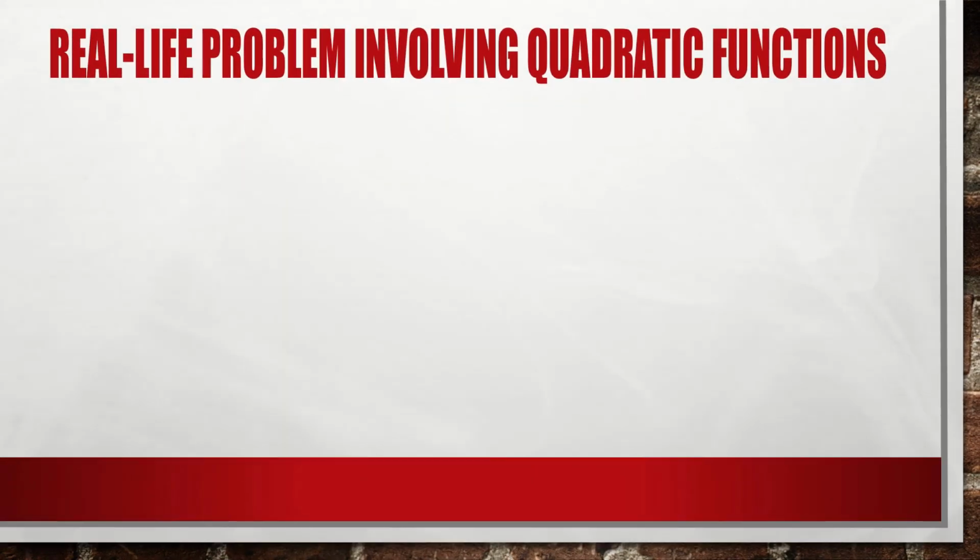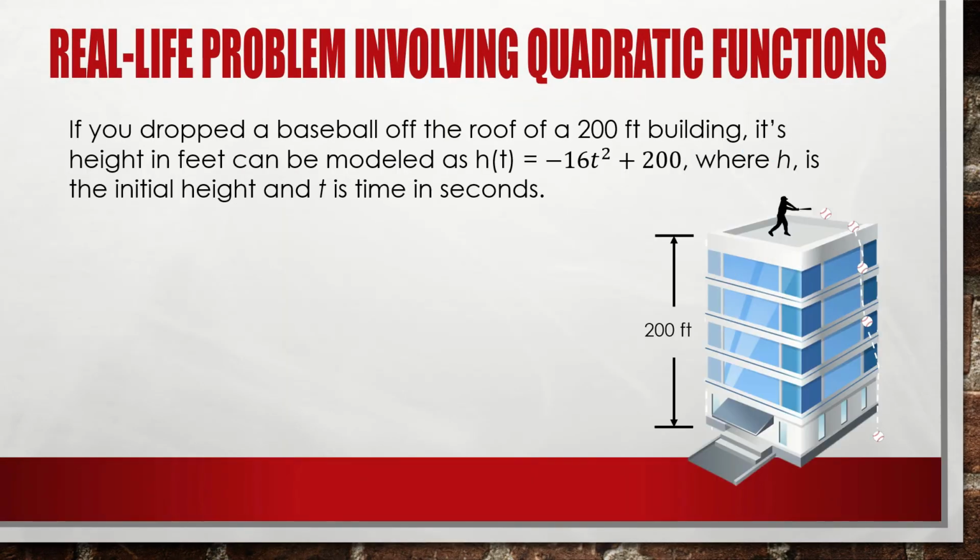Let us have the last one. If you drop a baseball off the roof of a 200-feet building, its height in feet can be modeled as h of t is equal to negative 16t squared plus 200, where h is the height and t is time in seconds.